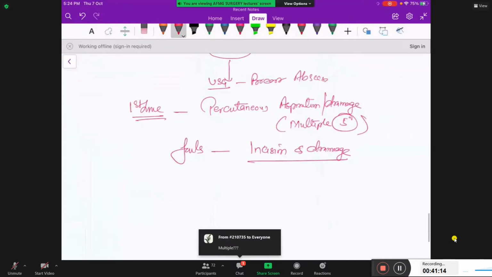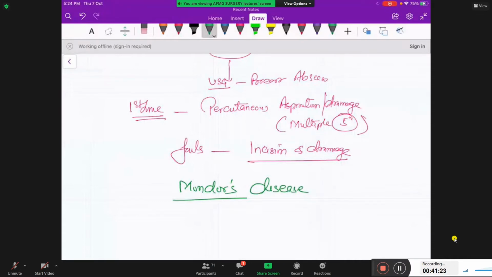Then comes Mondor's disease. What is Mondor's disease?